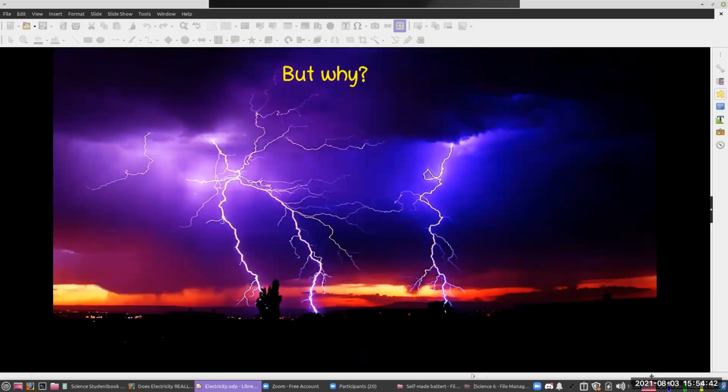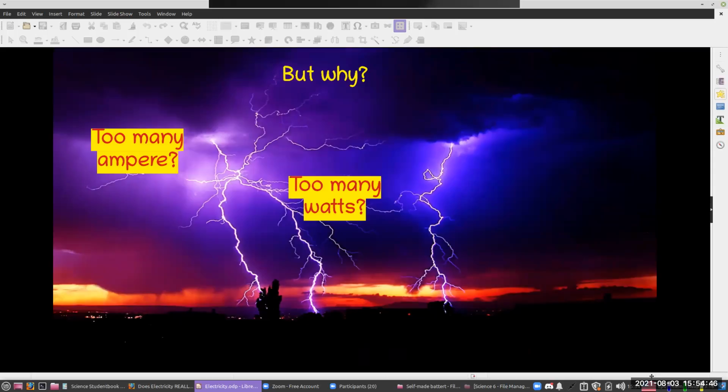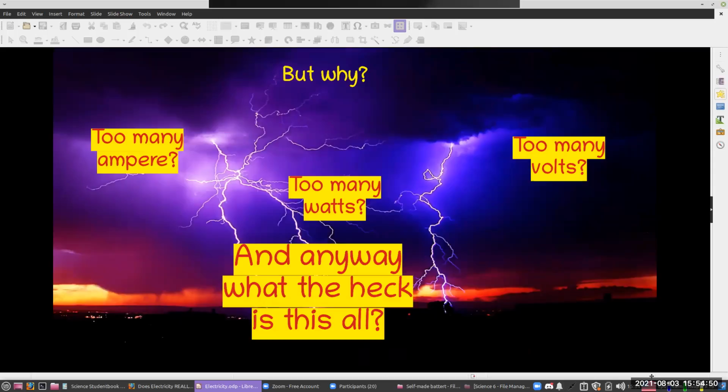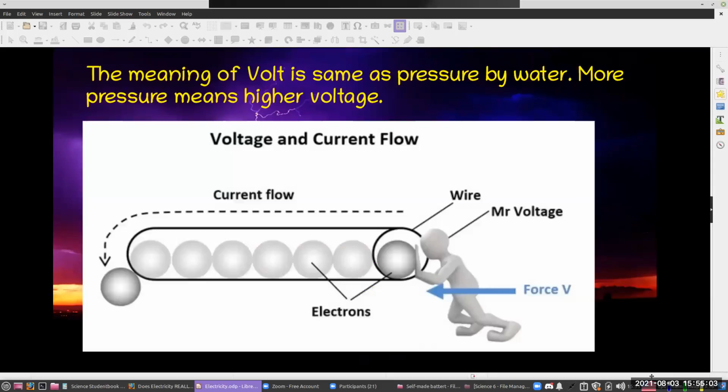But why? Too many amps, too many watts, too many volts, and anyway, what the heck is all this? I don't know what an amp is, what a watt is, what a volt is, or how we can understand all this. So I try to make it easy.